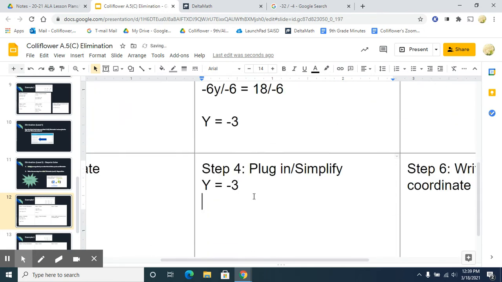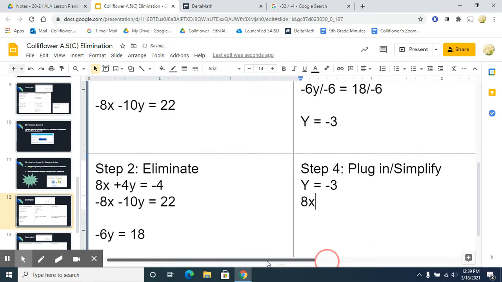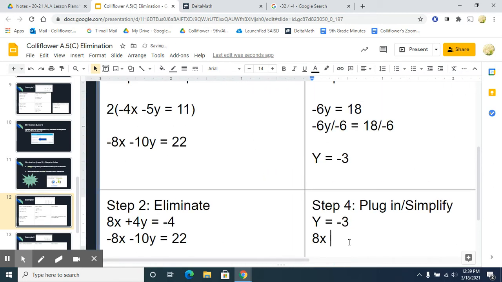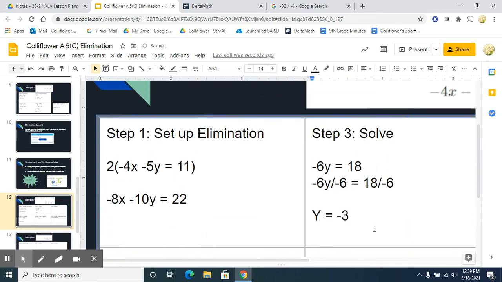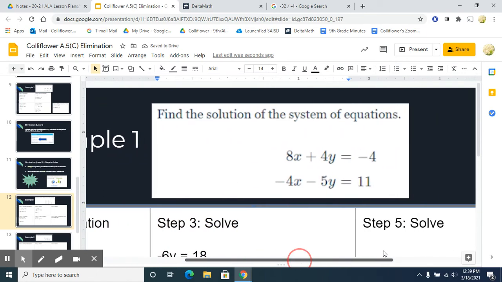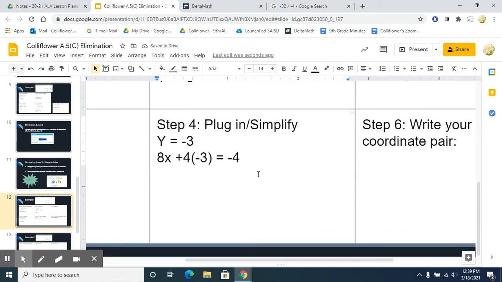So we've got 8x plus 4 times negative 3 equals negative 4. I took my first equation and plugged in my value for y. If I simplify that, I get 8x minus 12 equals negative 4.